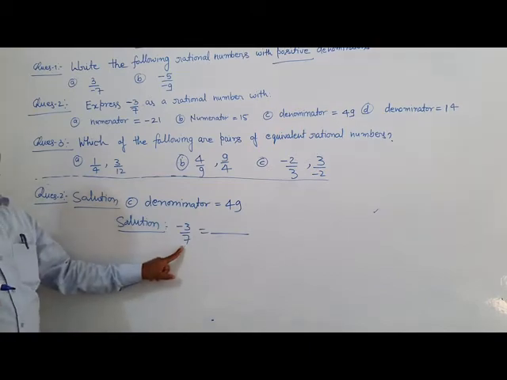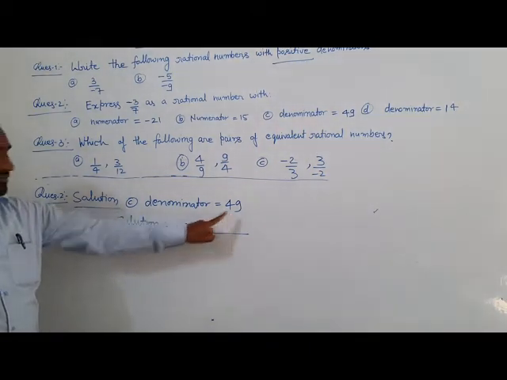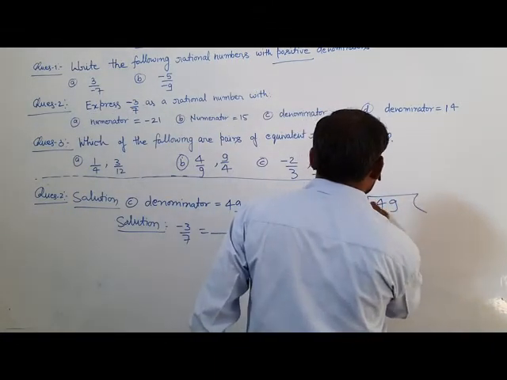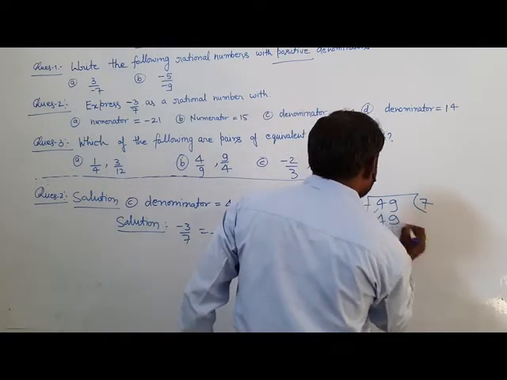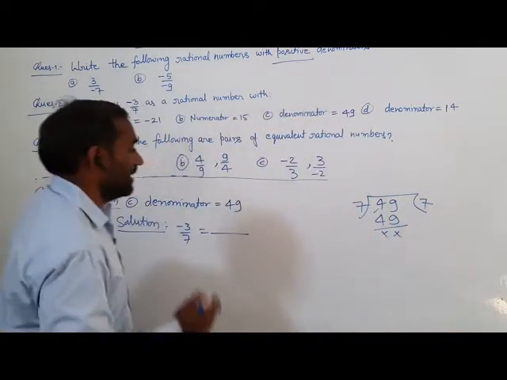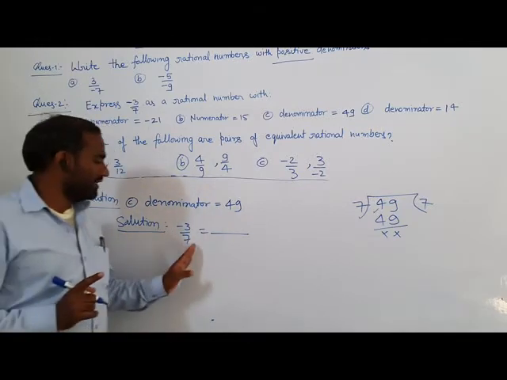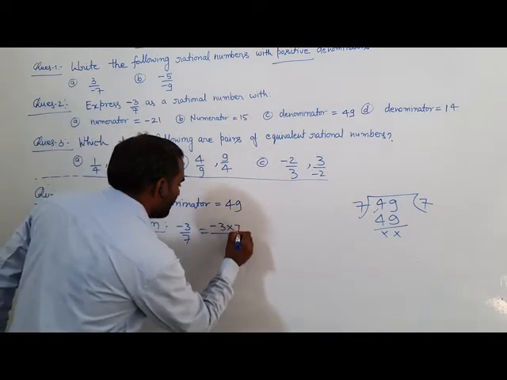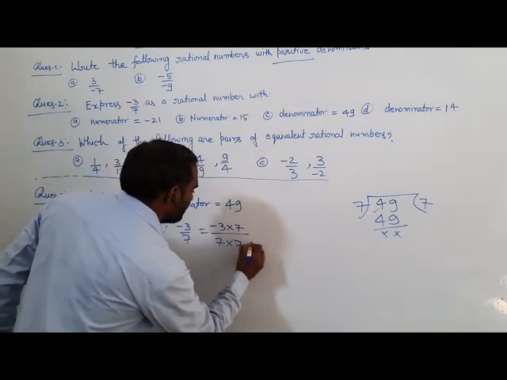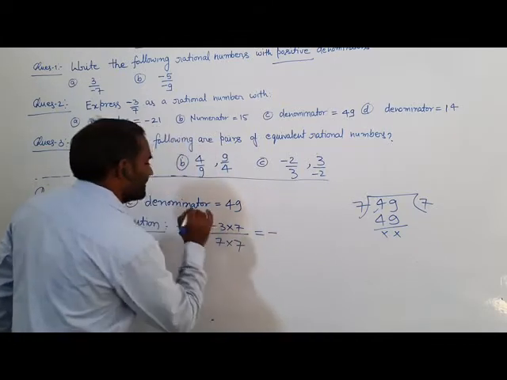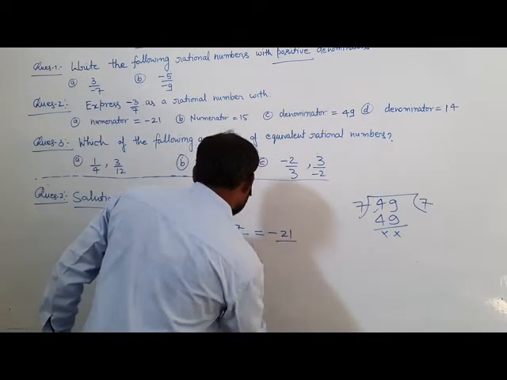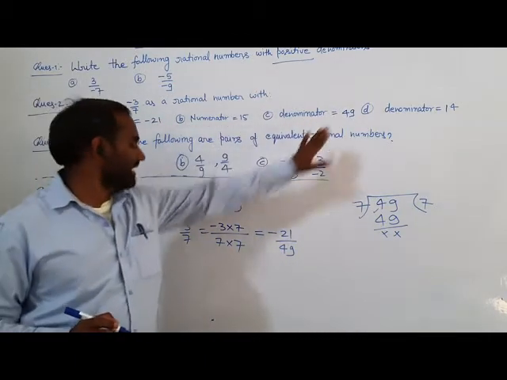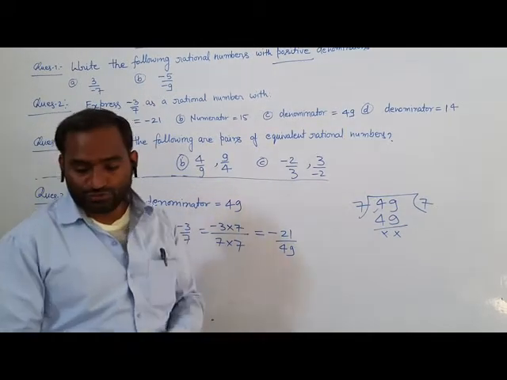Here 7 is positive, the denominator should be positive. So we divide 49 by 7. 7 sevens are 49. So we have to multiply the denominator by 7 and also the numerator. Minus 3 into 7, 7 into 7 is equal to minus 21 by 49. Here we have changed the denominator into 49.